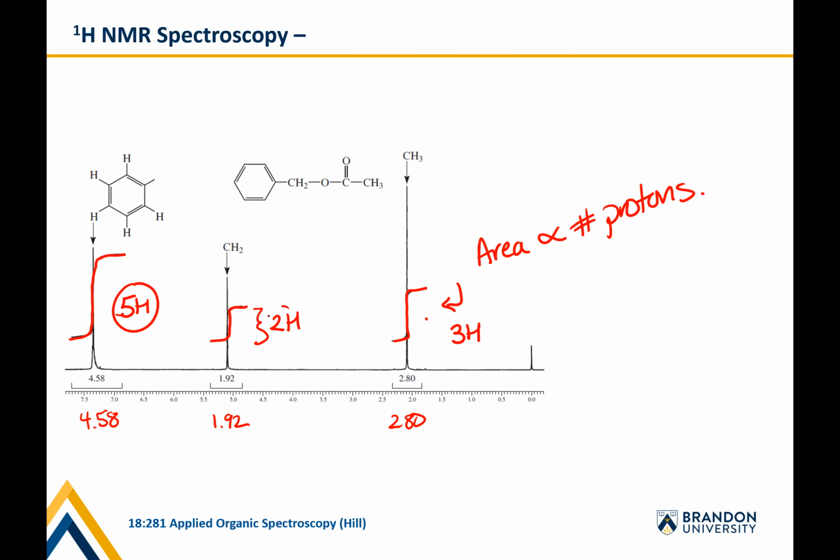And so what that's telling us is that 3 protons are responsible for this signal, which is a methyl group. 2 protons are responsible for this signal, which is a methylene group. And 5 protons are responsible for this one, which happens to be the aromatic, and all 5 of those just happen to have the same chemical shift here.